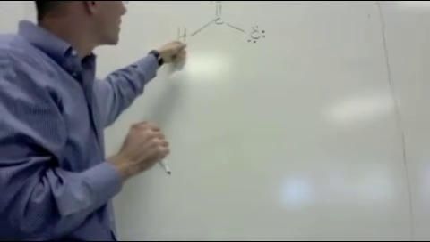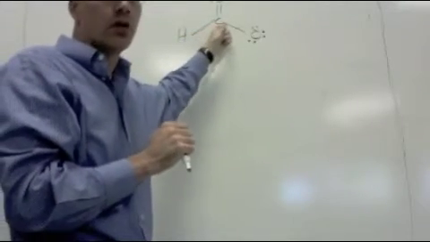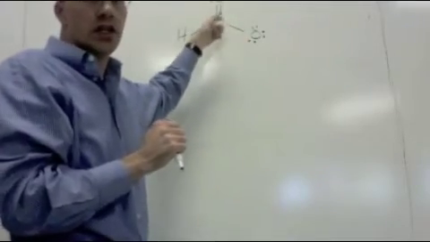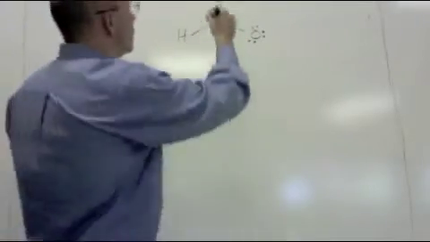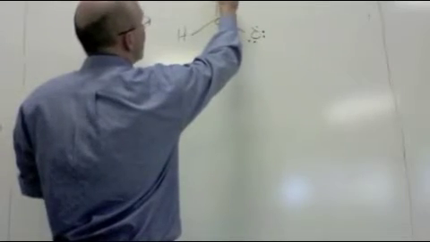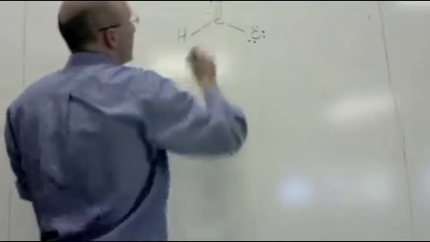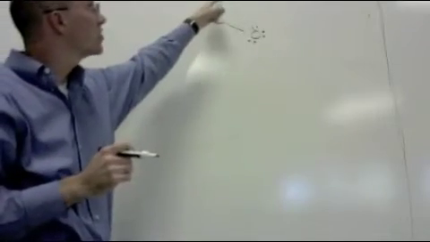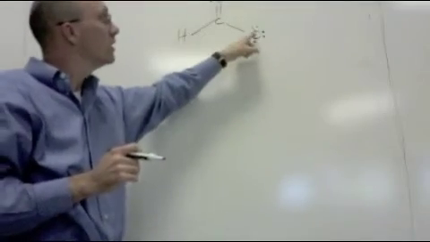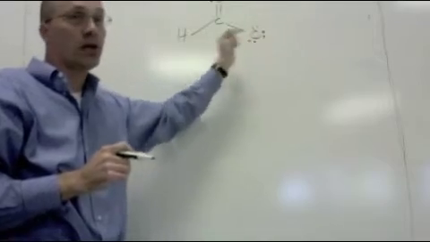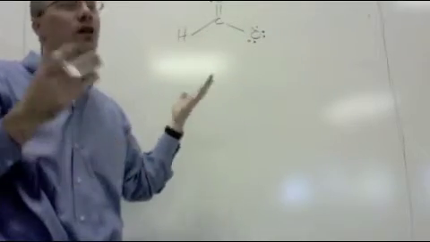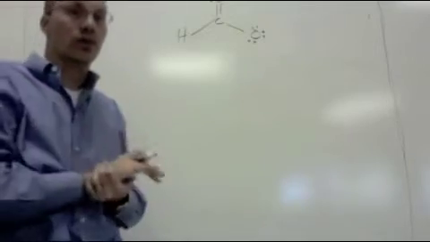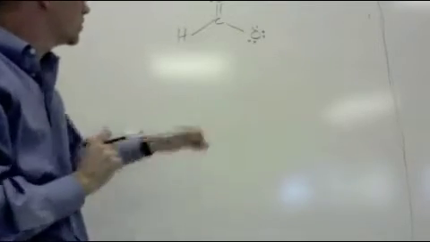This is a hydrogen single bonded to a carbon, carbon double bonded to an oxygen, and single bonded to another oxygen. The important thing to note is how many lone pairs there are around each atom. This oxygen has got 2 lone pairs. This oxygen here has got 3 lone pairs. And lone pair is the same thing as unshared pair. I use those terms interchangeably.